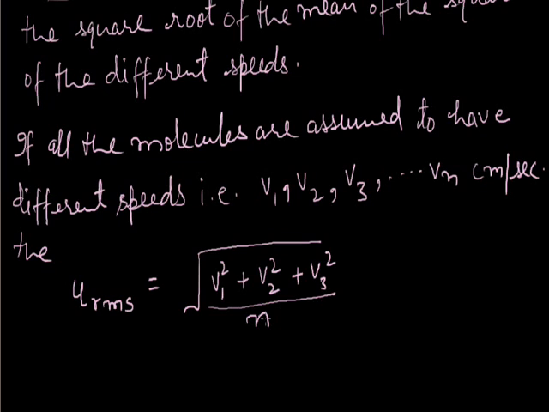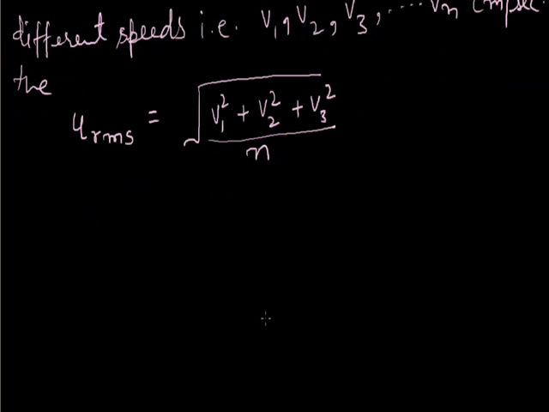On the other hand, if n1 molecules have velocity v1 centimeter per second, n2 molecules have velocity v2 centimeter per second, and n3 molecules have velocity v3 centimeter per second, and so on, then it is represented as follows.